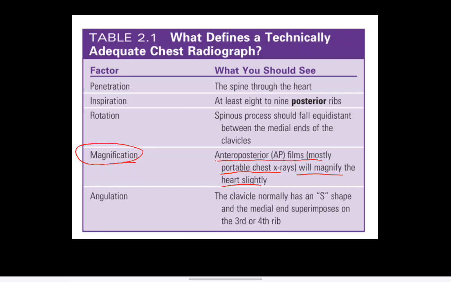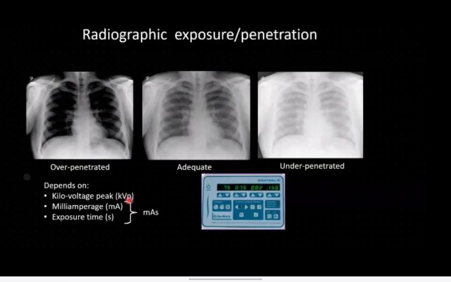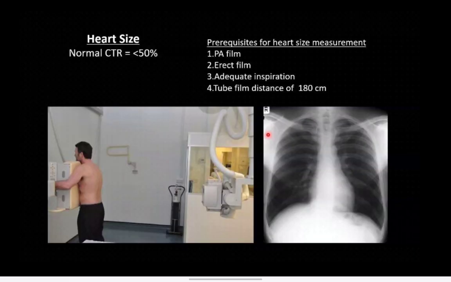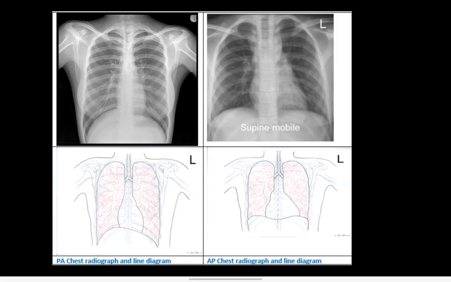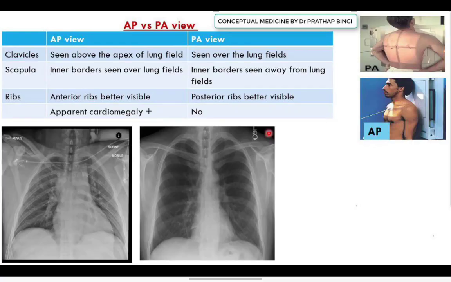The heart is magnified in anterior posterior radiographs, as we've seen before, like this. Here in the anterior posterior, the heart is magnified, unlike the posterior anterior films.